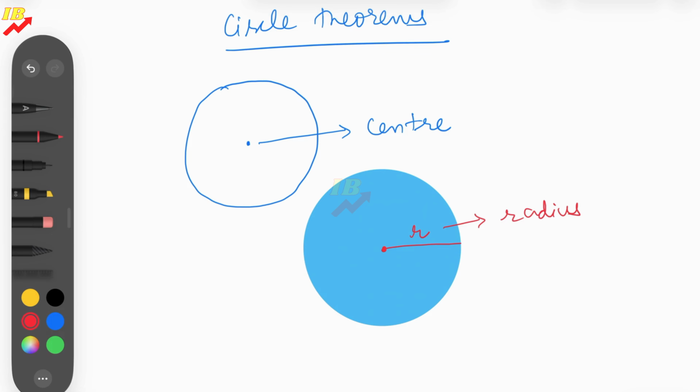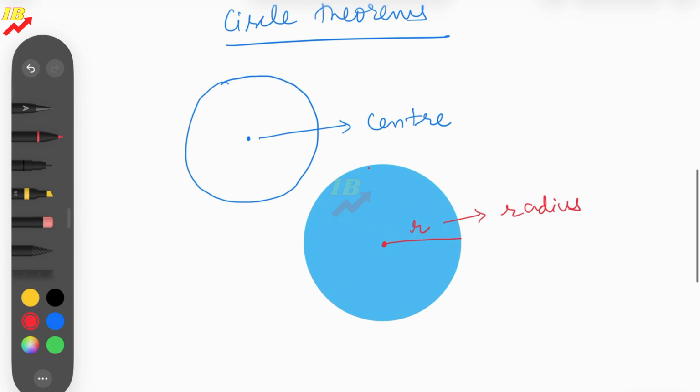And if we are making a line which passes through the center of the circle and joins two points on the circumference, this line is denoted with d, and we call it the diameter of the circle.